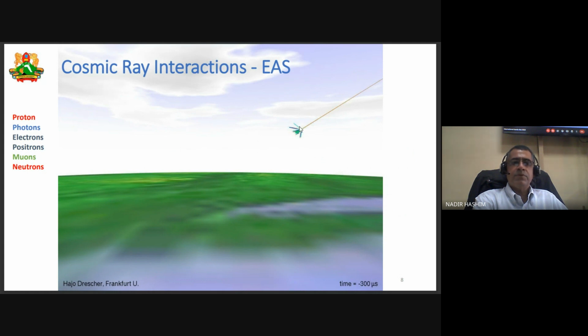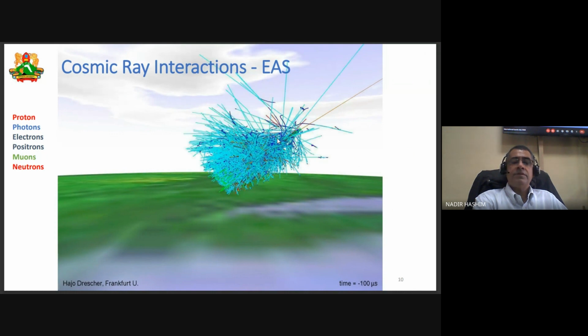So photons have been produced, electrons, positrons. After another 100 microseconds, you see now the extensive air shower forming in the Earth's atmosphere. After another 100 microseconds, you see the extensive air shower forming, and you can see the muon component sticking out from the bulk of the shower.